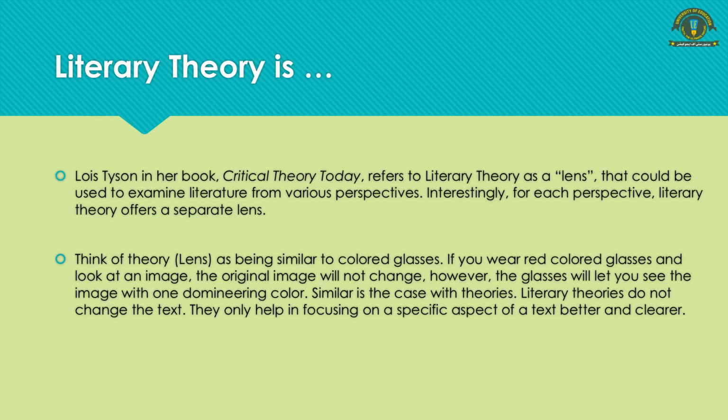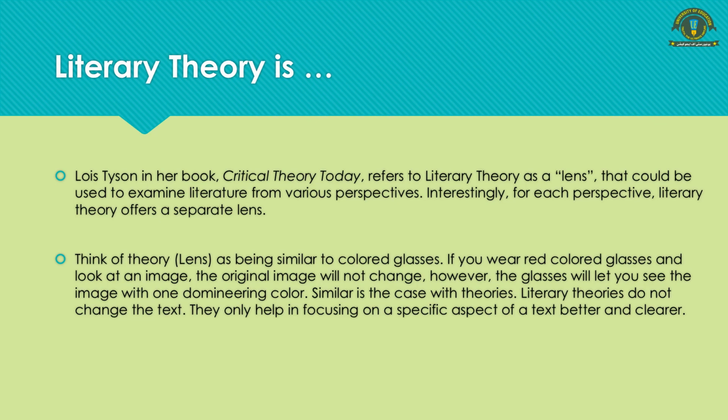So this way you will be able to look at the image from a different angle, from an angle that will offer you the hues of red. Similar is the case with theories. Theories do not change the text. Rather, theories help in understanding the specific angles of the text.